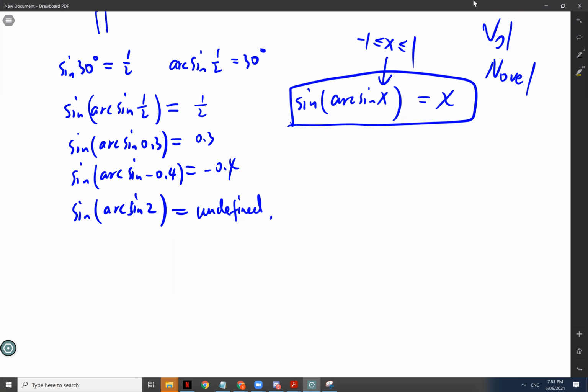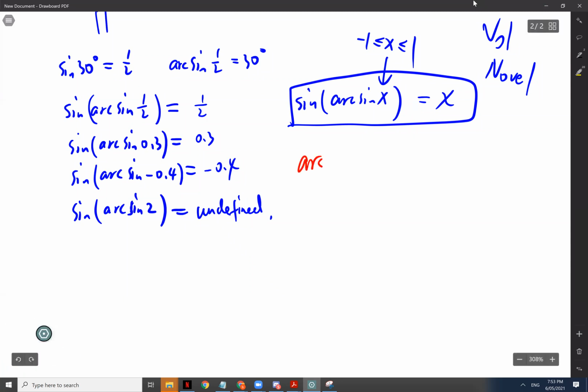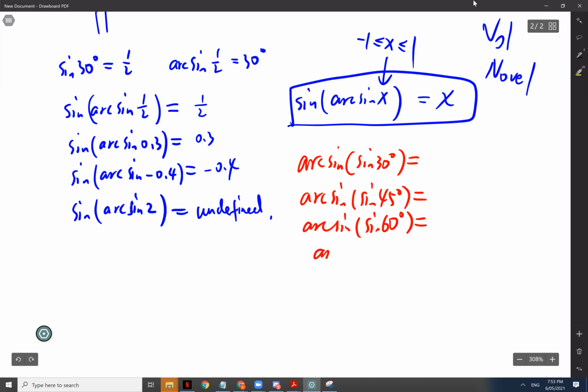Katrina, any question? No. Let's check something a bit harder. I swap the function now. How about this form?